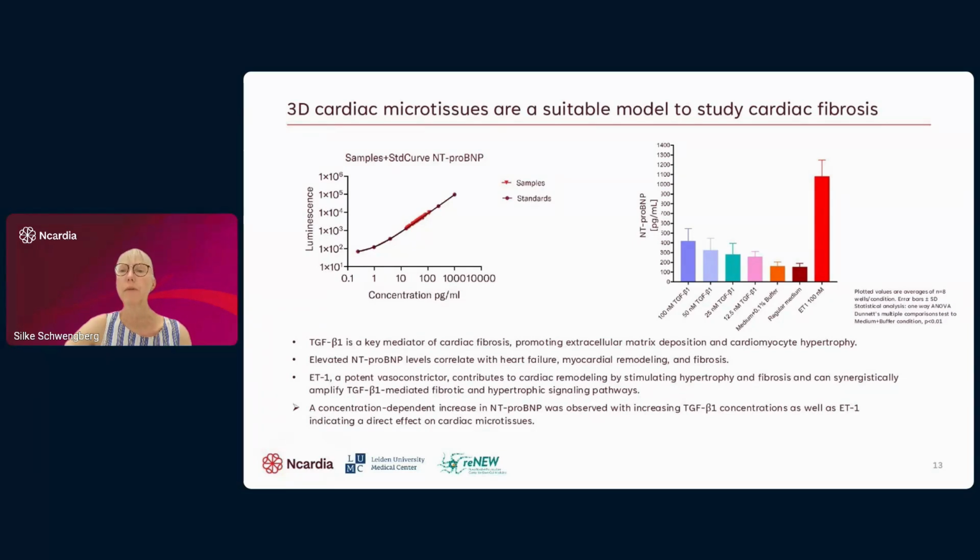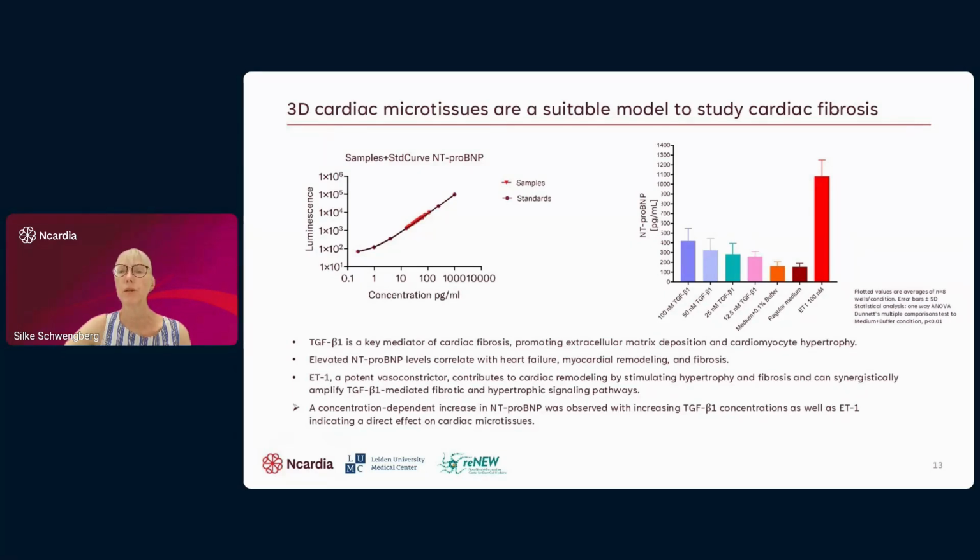So the bar graph on the right shows you on the y-axis the different concentrations of TGF-beta, and as a positive control, we used endothelin-1 because endothelin-1 is the model inductor of cardiac hypertrophy. And indeed, with endothelin-1, you get really huge amounts of NT-proBNP released into the supernatant.